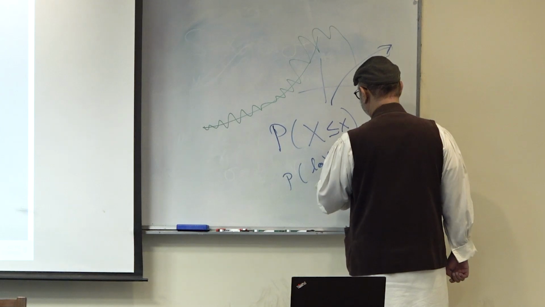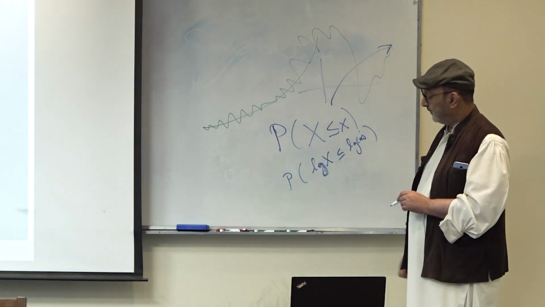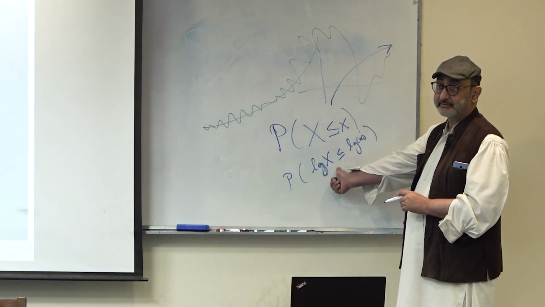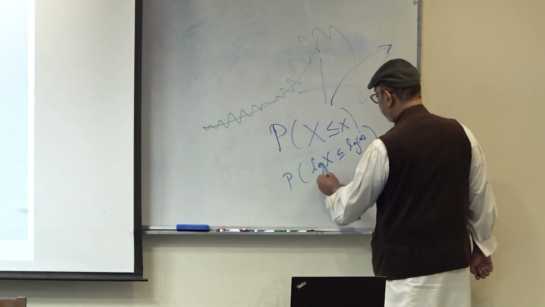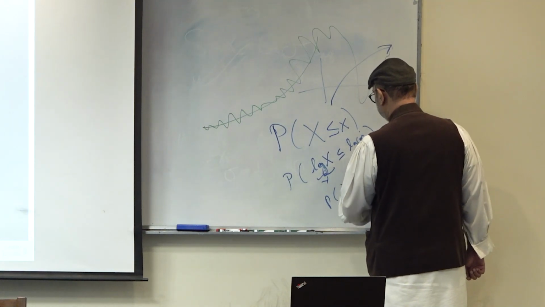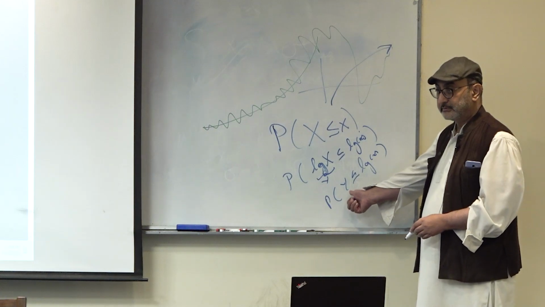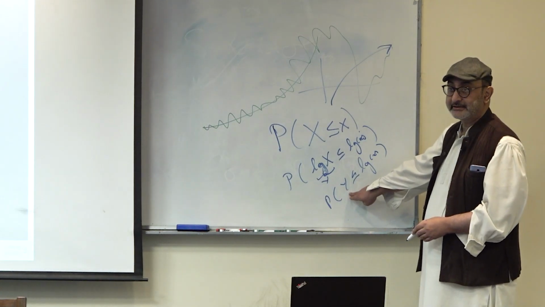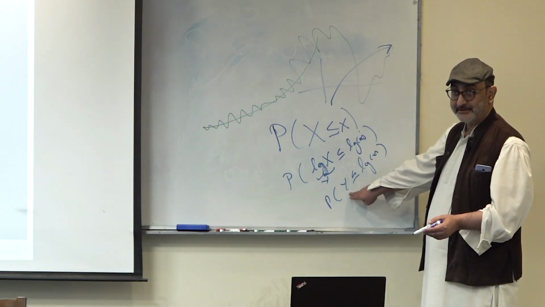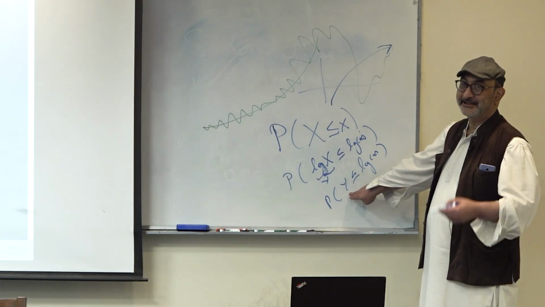It was just y. Now I can take y minus mu over sigma, which is the standard normal.